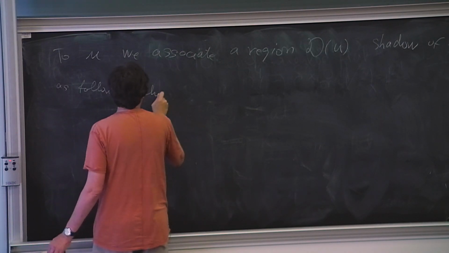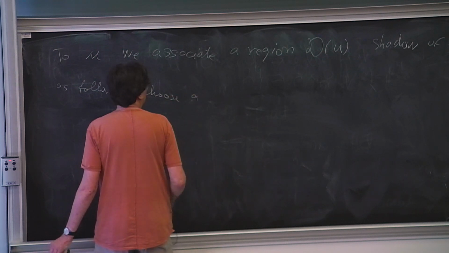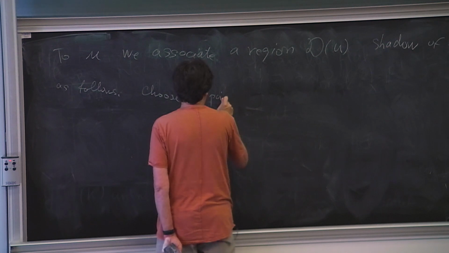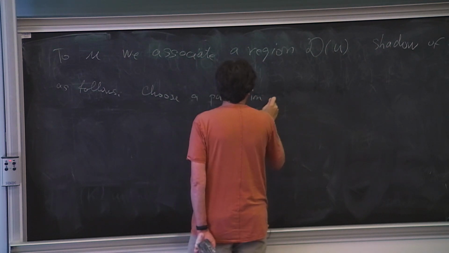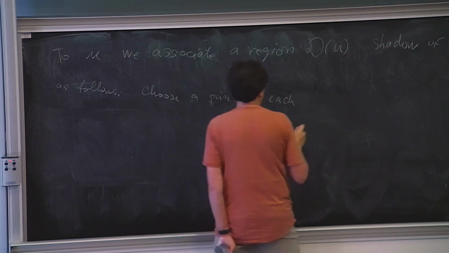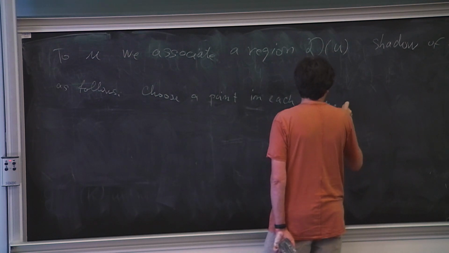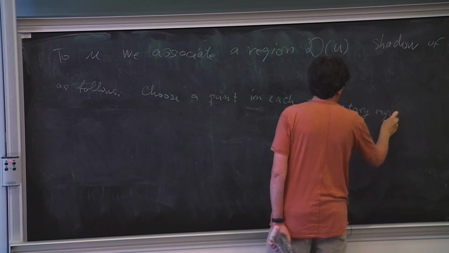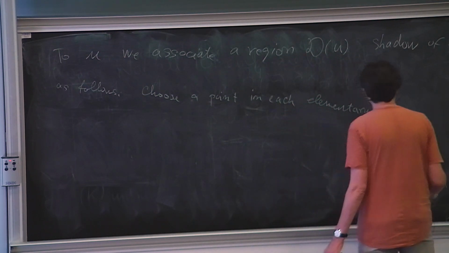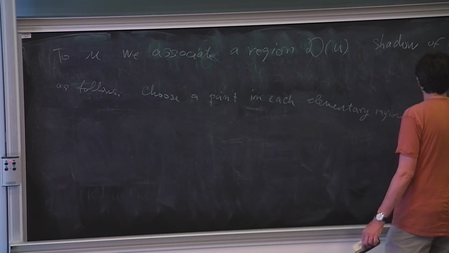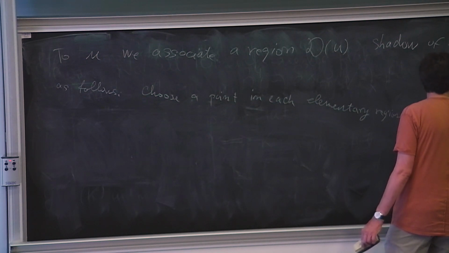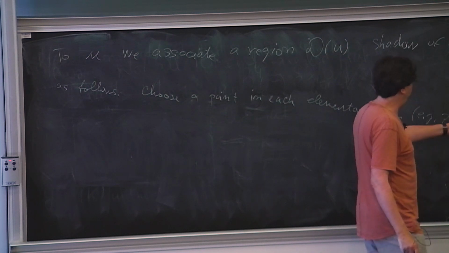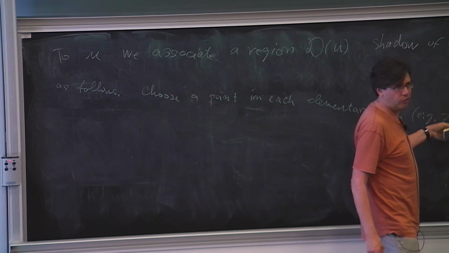We choose a base point, choose a point in each elementary region. And let's say we call the region with the base point D_0, and we choose the base point in that region.